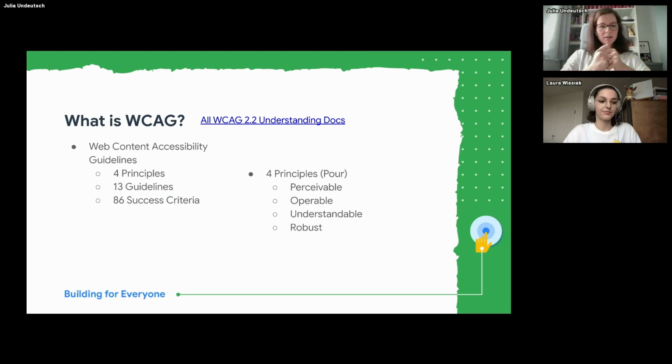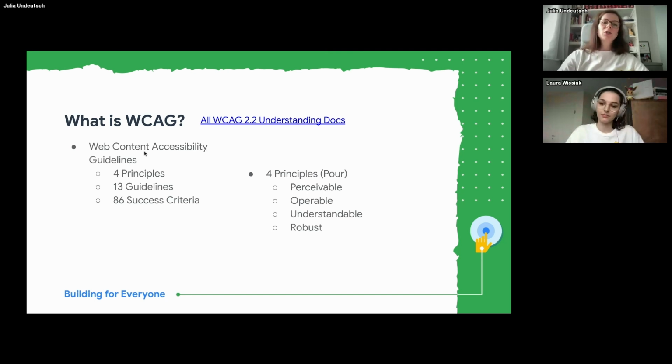The WCAG is a guideline provided by the W3C, which should help you understand the problems of web accessibility, what errors can occur, and how to fix them. And these guidelines, I also linked the understanding docs. I think this is the easiest way to understand the documents, to learn about them.